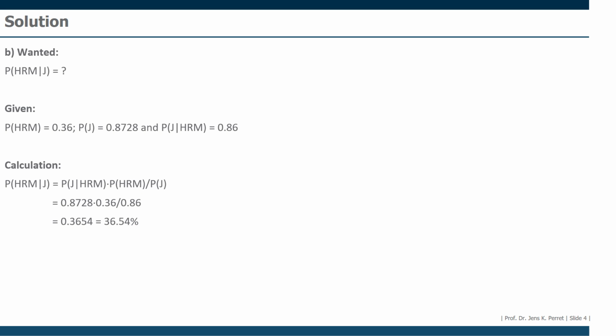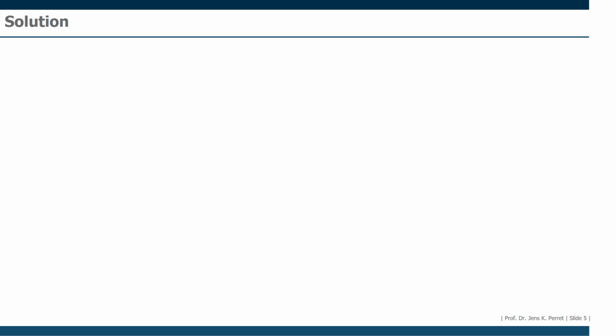So we can turn to the third and final one. Here, we're looking for how many students out of the 4,000 fulfill this property. So we first calculate the probability we're looking for and then multiply it with the number of students, giving us how many students actually fulfill this.